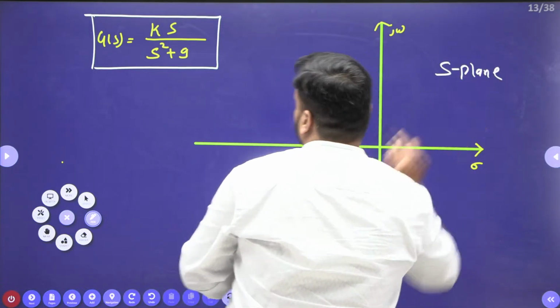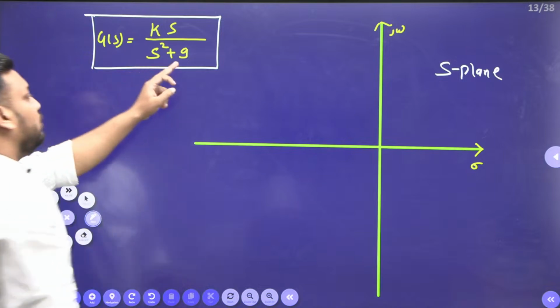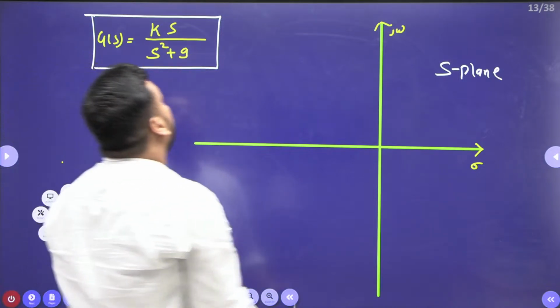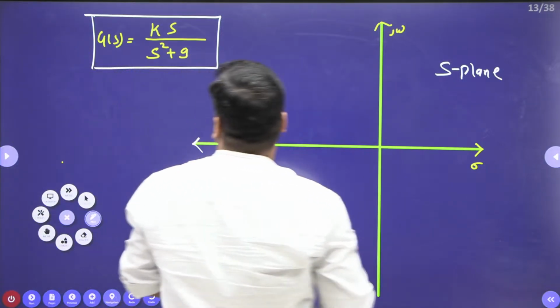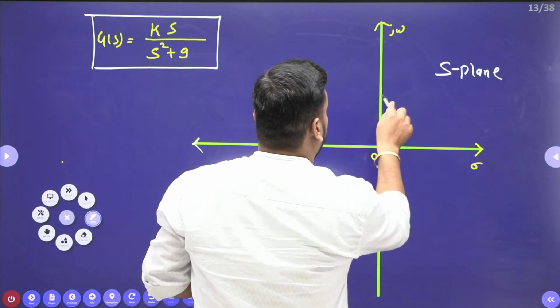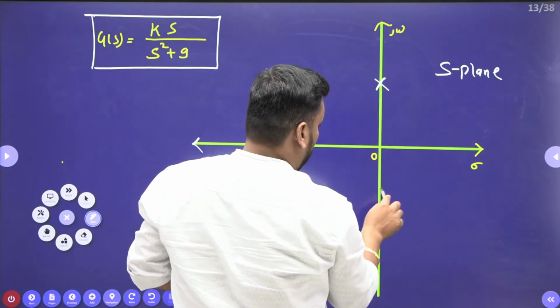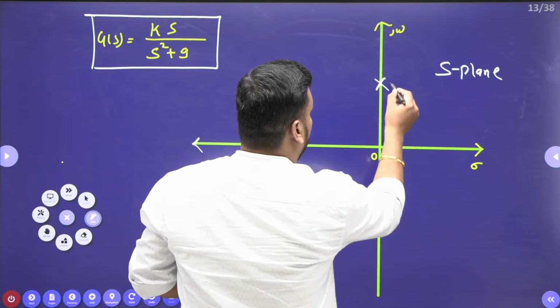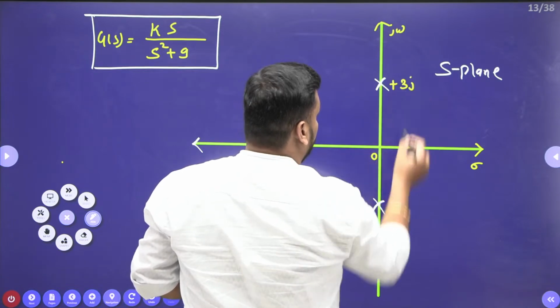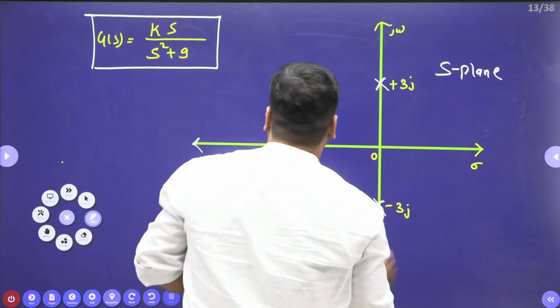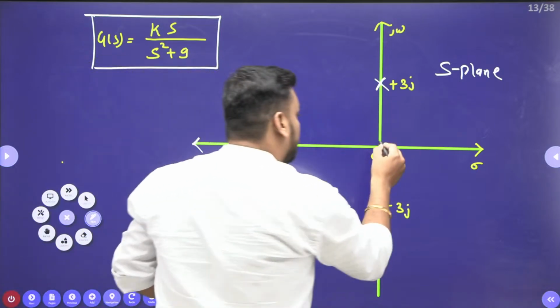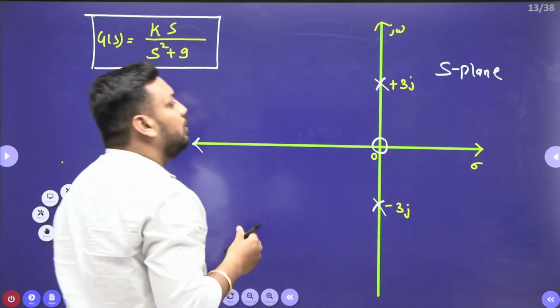How many poles do we have? s square plus 9 means s equal to plus minus 3j, so we have one pole at plus 3j and another at minus 3j. And we have a zero at the origin.